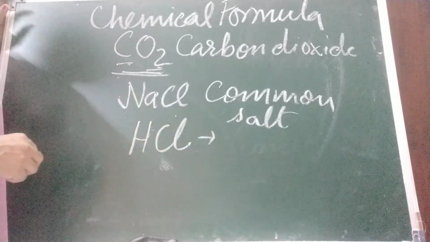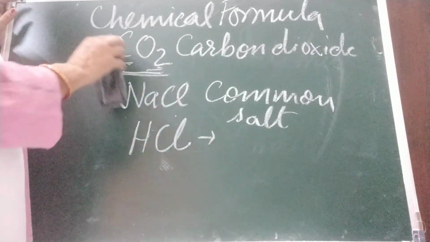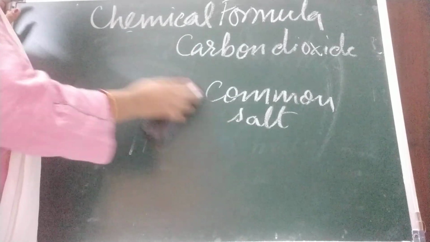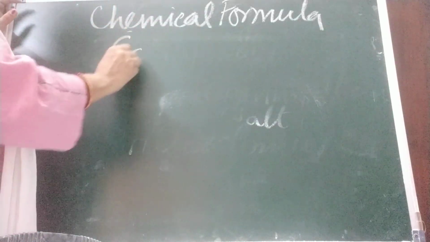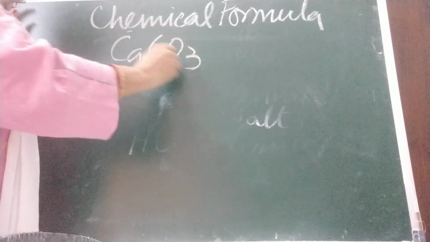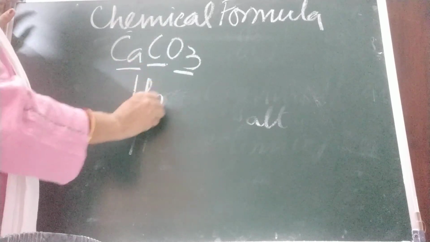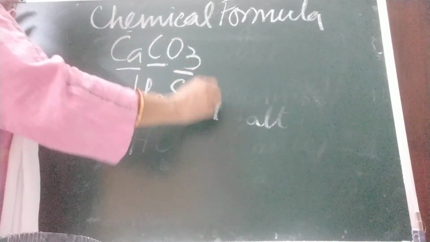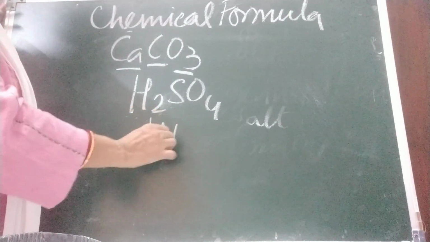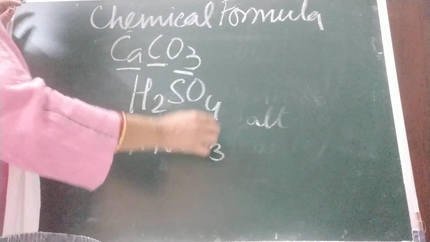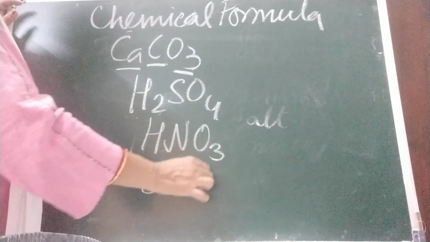And more formulas I am going to tell you. Calcium carbonate, you must have heard. Here calcium is there, carbon is there, oxygen is there. Sulfuric acid, H2SO4, is there. And nitric acid is there. Next, acetic acid is there. These are the chemical formulas.